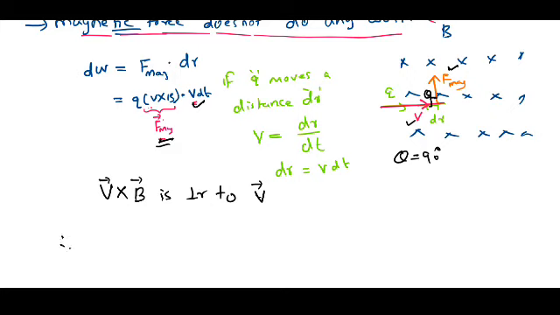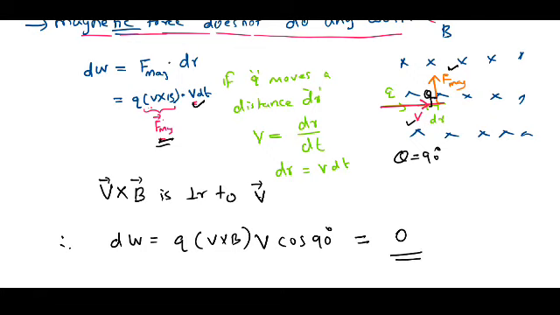Therefore, we can write dW, the work done by the magnetic force, equal to Q into V cross B into v, that is cos theta. Here theta is 90 degrees. This is equal to 0 because cos 90 is equal to 0. That is, the magnetic force does not do any work.